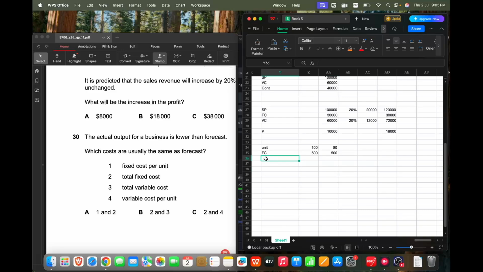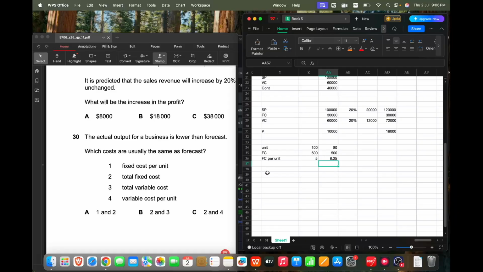But my fixed cost per unit will change. Let's see. Total fixed cost is 500 divided by total output. So in this case this is 5, but out here when the output decreases, the fixed cost per unit changes.